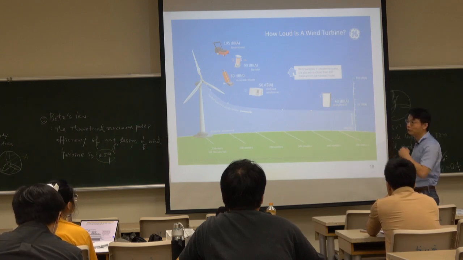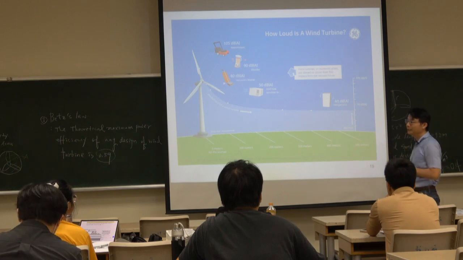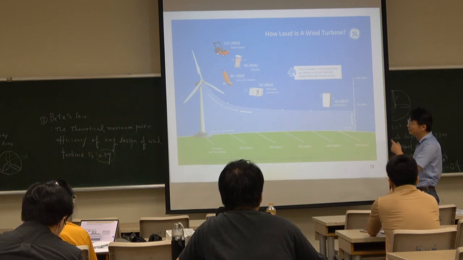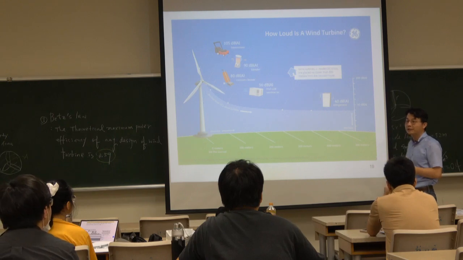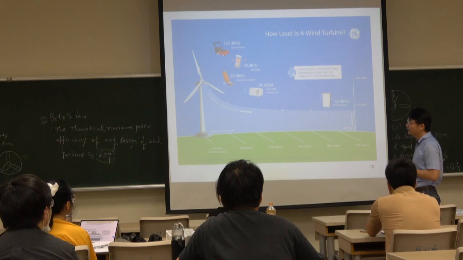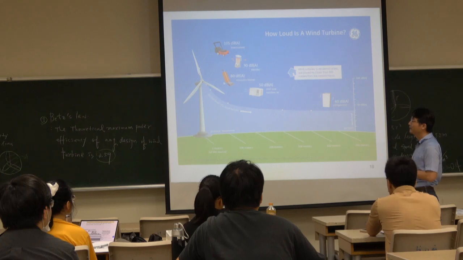Like school, like some city, it is impossible. So the only way is to construct the wind turbine in the ocean area, coastside, right? Because in that area there's no issue about people working around there.